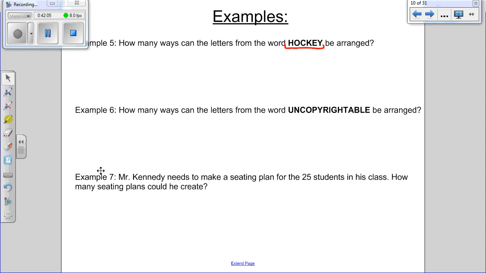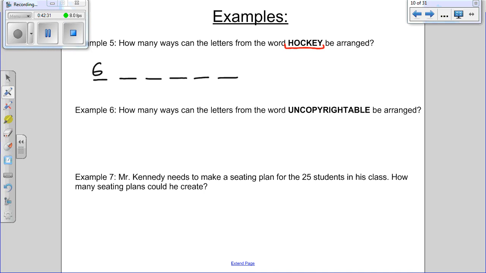How many different letters could go in the first spot? 6. You can pick from any of the letters at that point. How many letters could go in the second spot? Only 5, because we've used one of the letters in the first spot. How many letters go in the third spot? Now you're down to 4, because you've used 2 of the letters out of the 6.